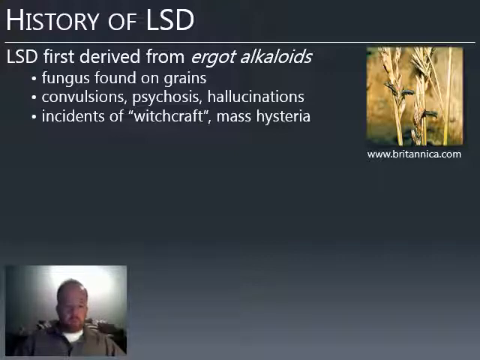And so it's thought that many historical events might have been influenced by ergot alkaloids, especially when grain was scarce. If there was a famine, people had to turn to this grain that wasn't as pure.